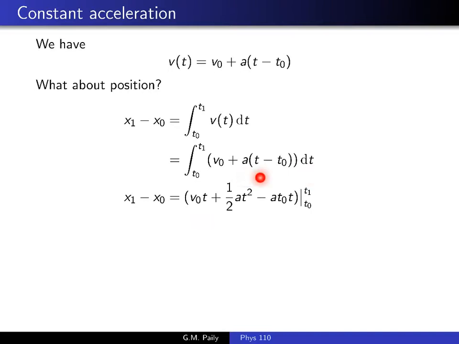The integral of a times t, we're just expanding this out. So the integral of at dt is 1/2 at squared. And a and t0 are both constants. And so the integral of minus a t0 is minus a t0 t. And then we evaluate at the limits t1 and t0.